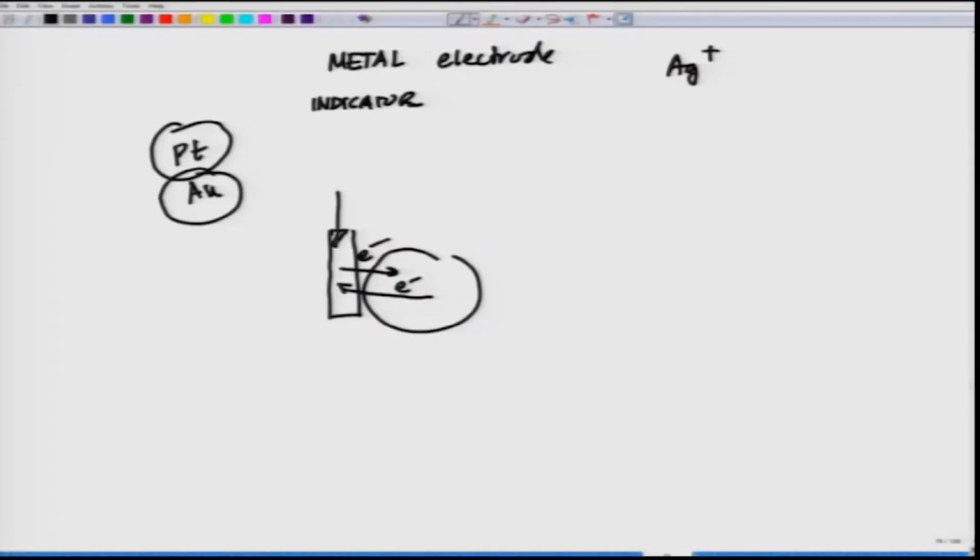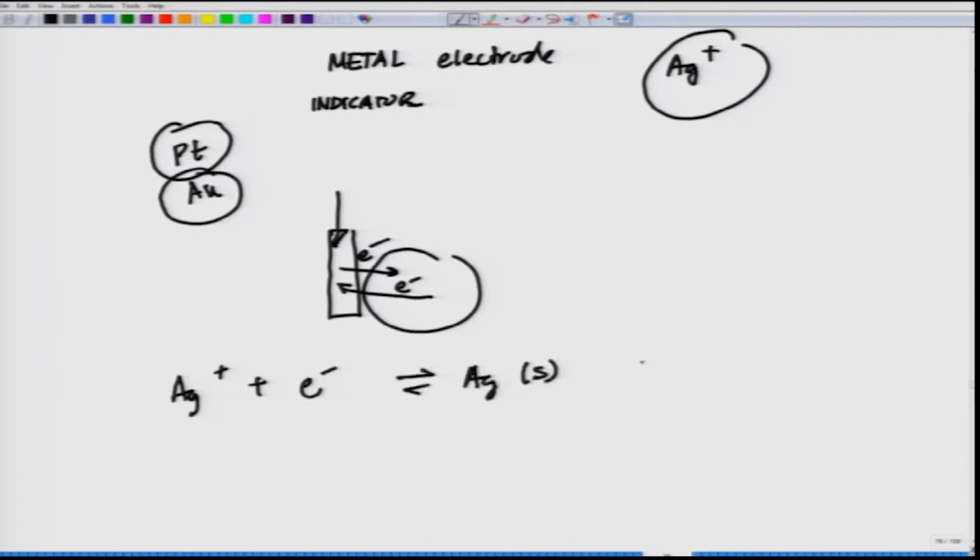A metal electrode works best when its surface is large and clean, okay, and there are several techniques to clean it. So, we will be talking about a silver electrode that can be used with a reference electrode to measure Ag plus ion concentration. The reaction at the Ag indicator electrode is Ag plus plus electron gives Ag solid. So, you always have to have a practice of writing these reactions.